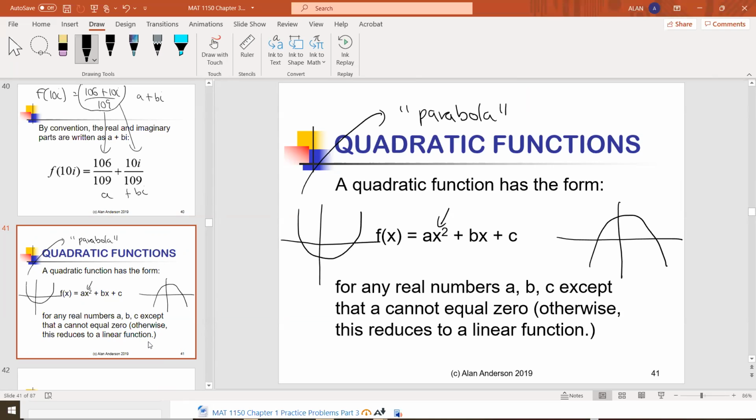Whether it's facing up or down depends on the sign of A. Over here, A is positive. Over here, A is negative. By the way, A can't be 0, because if it is, we just wind up with a linear equation. So we're assuming that A is not 0. If it's positive, we have an upward-facing parabola. If it's negative, we have a downward-facing parabola.